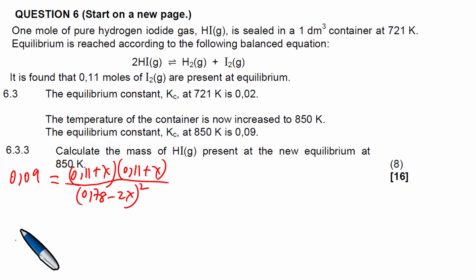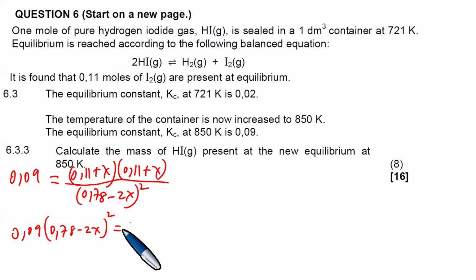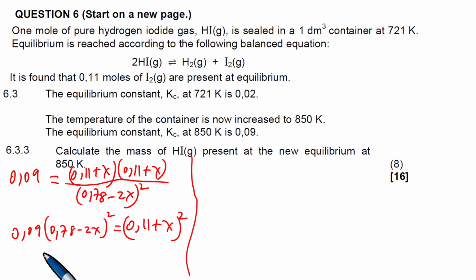I'm looking for a nicer way to do it. 0,09 with 0,78 minus 2x, and we square this, and it's 0,11. You can write this one as a perfect square like this. This is a quadratic equation. So it is 0,09, and then we square that, which is 0,78 squared.